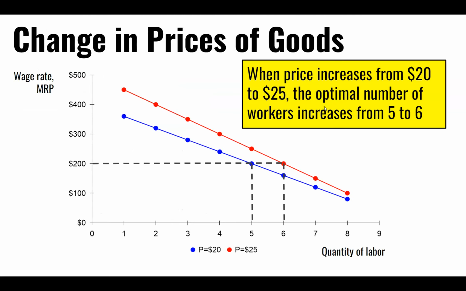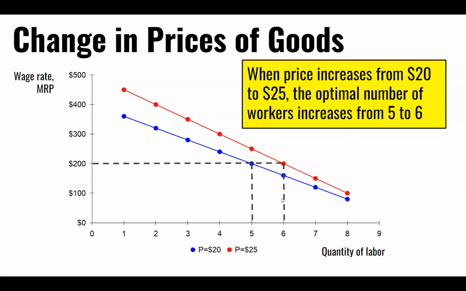A change in price, that's going to be a shift. If the price of a good goes from $20 to $25, if the sewing job for Dolly and James goes from $20 a piece to $25, then you can see that the fifth worker is generating not $200 worth of value, but more than $200 worth of value with that higher price.